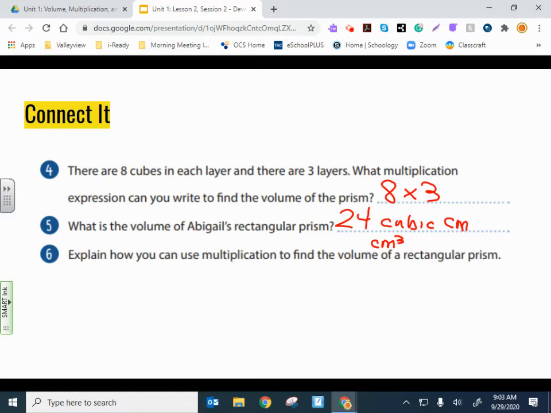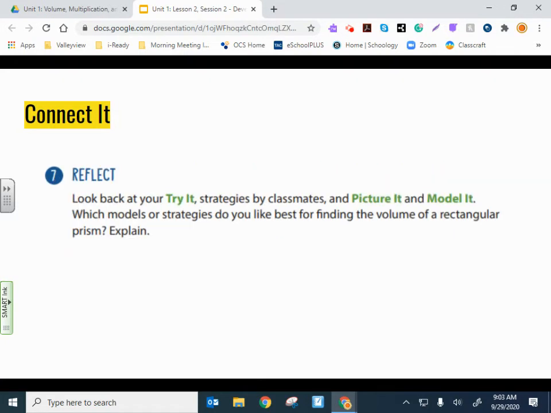That's not really a note you need to jot down. This is more of a discussion question, nothing really to write down. In math, there's many different ways to find the answers to things. Whatever strategy works best or makes more sense to you is the one that I encourage you to use.